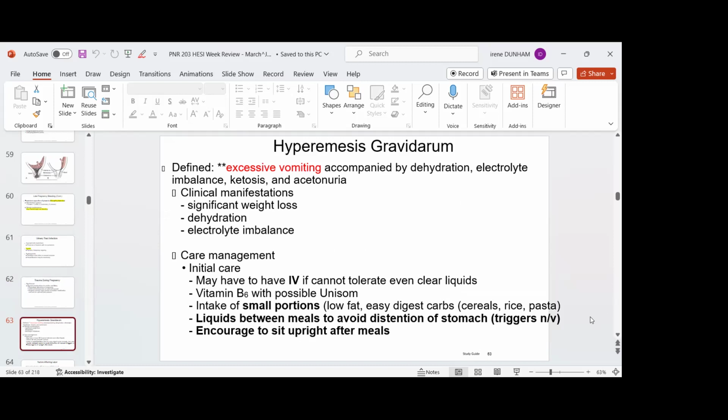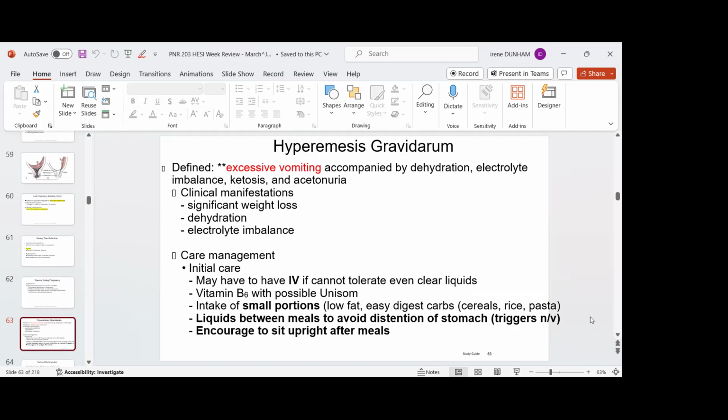Now, what we tell them too is to avoid distension of the stomach when you have liquids. If I have somebody that I want to eat, I'm not going to give her liquids before her meal. I'm going to try to get her to eat a little bit of food, and then an hour after eating, I may give her some liquids.